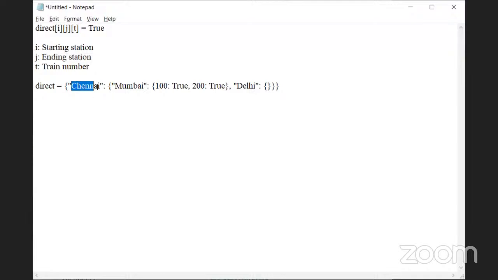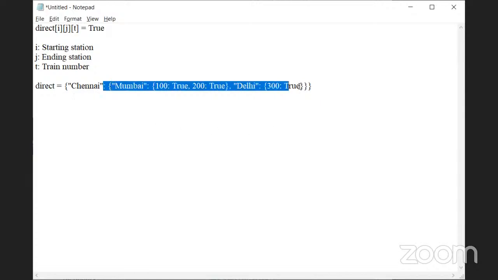So starting station is Chennai, ending station is Delhi. Again, for this, maybe there is another train. So this whole thing, whatever the highlighted value, I'm storing against key Chennai.